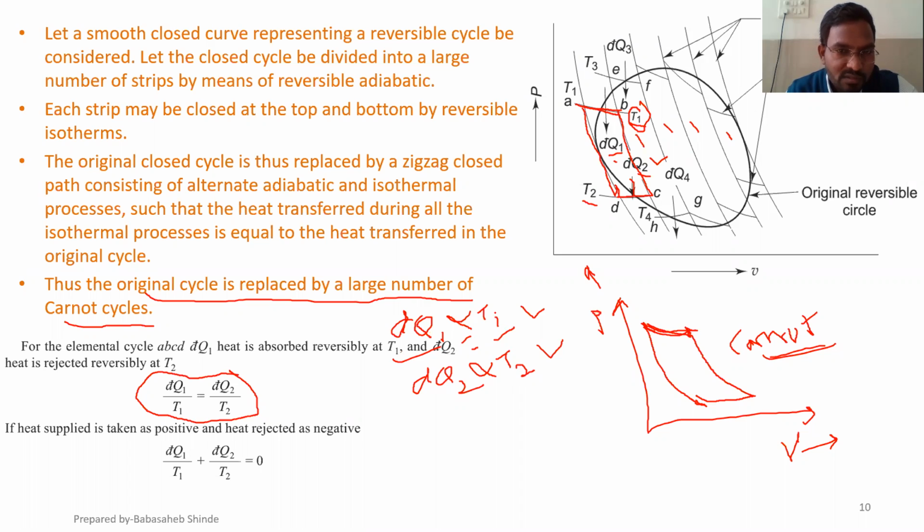If I rearrange the terms, taking T1 on the left and dQ2 on the right, what relation do I get? dQ1 by T1 is equal to dQ2 by T2. This relation we can get.